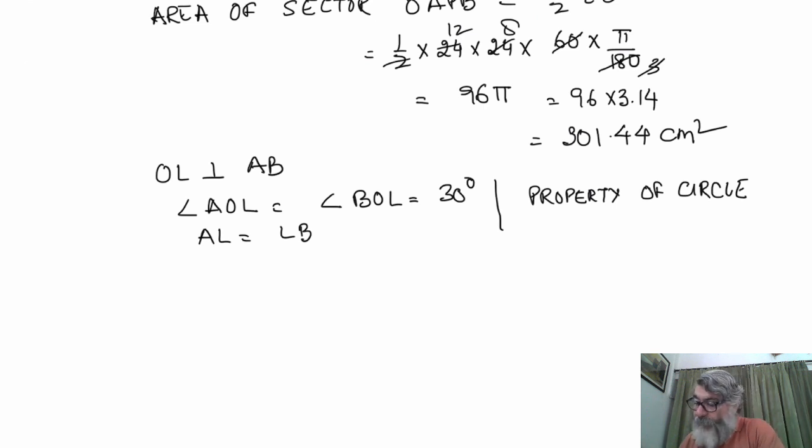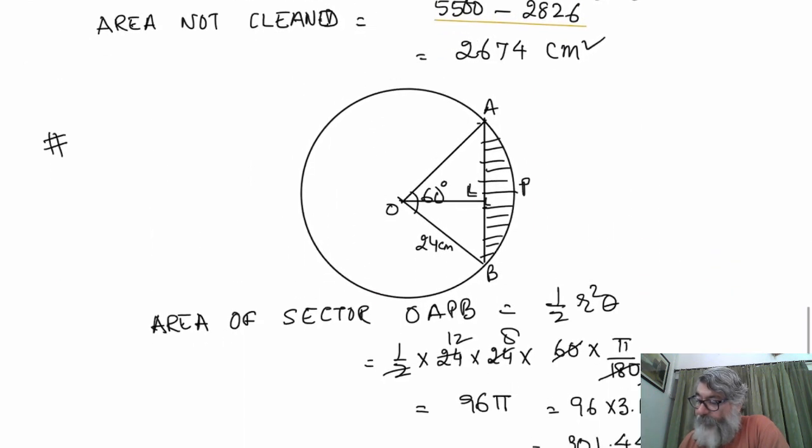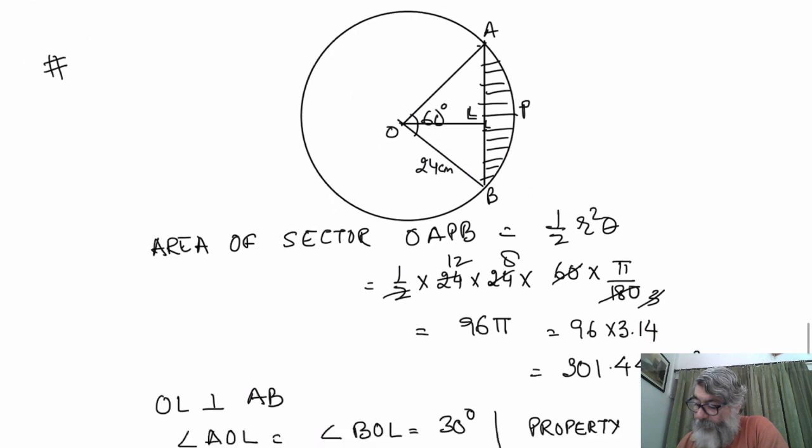So we have got this angle AOL is 30 degree. Now in this figure I have to calculate the base first of all. I have to calculate the base BL in this right angle triangle OLB, because this is perpendicular actually. BL is perpendicular upon hypotenuse.